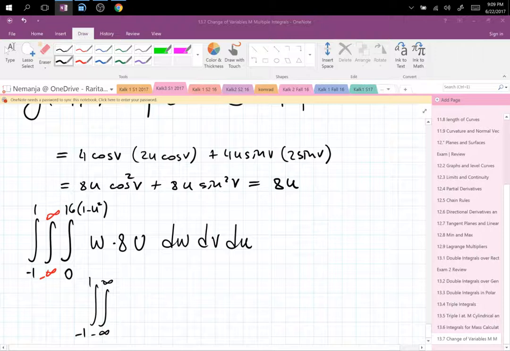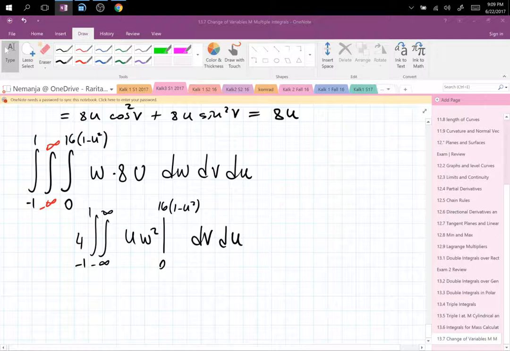No, but you get this from so that's a 4u squared from 0 to 16, 1 minus u squared, and then we still have dv du to worry about. I really don't like these infinities there. So as I plug in 16, that's going to be 16 squared times 4.